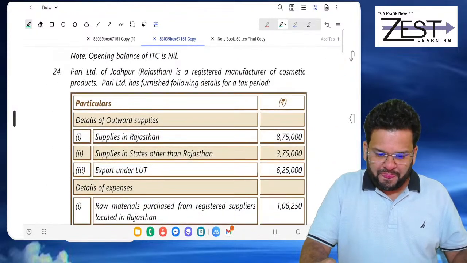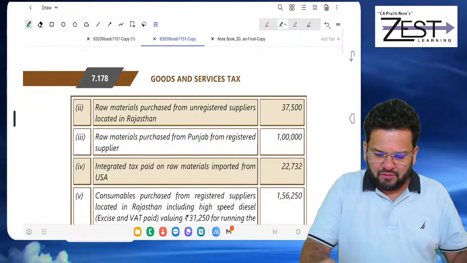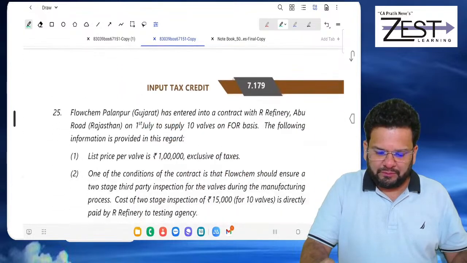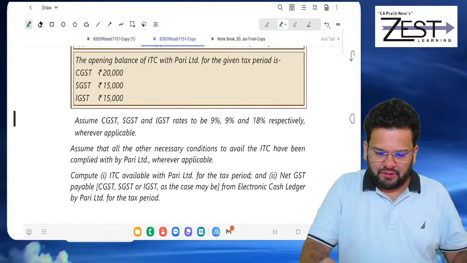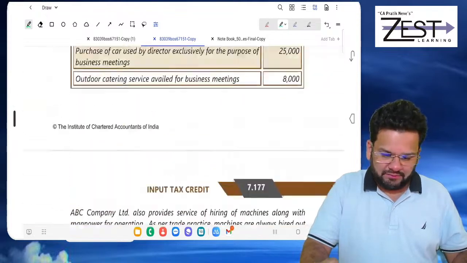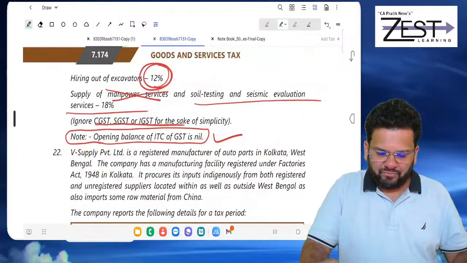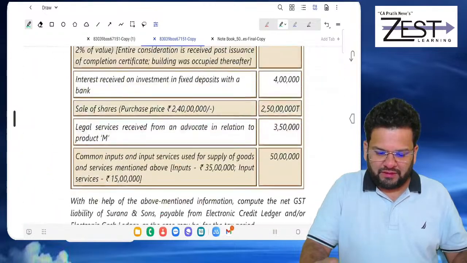No. So can we do 22nd, 23rd and then 24th? Yes, sir. Please go ahead, do that. Isn't it? Correct, no?